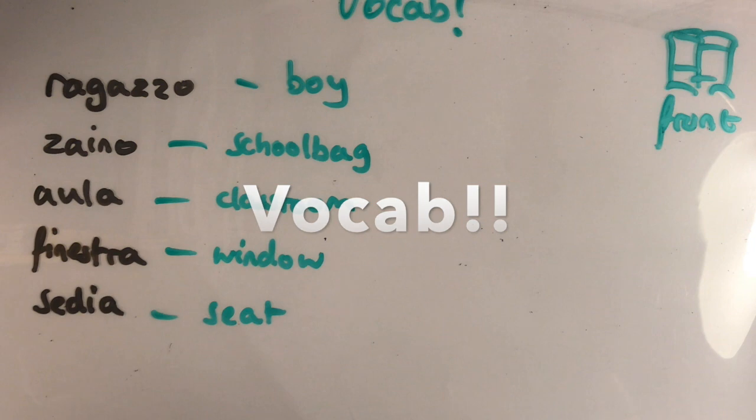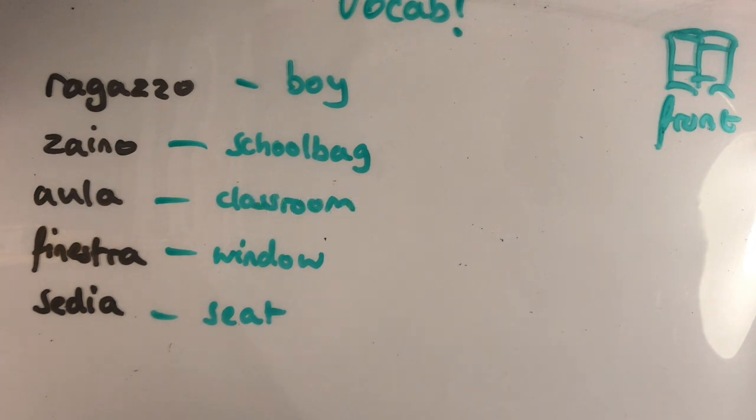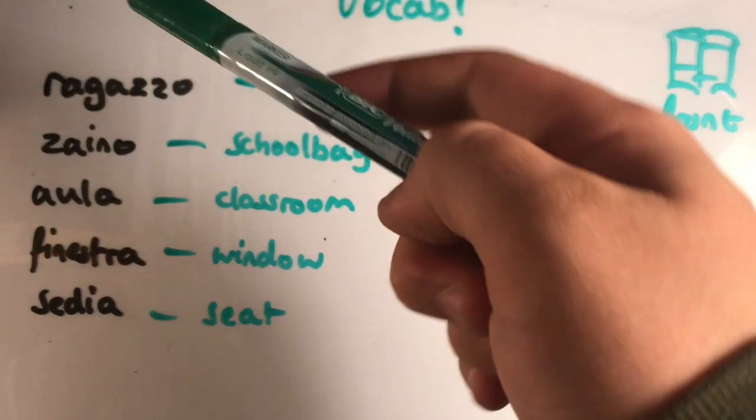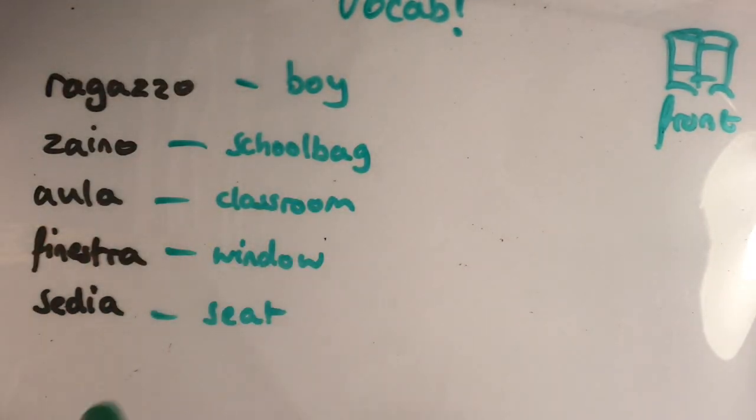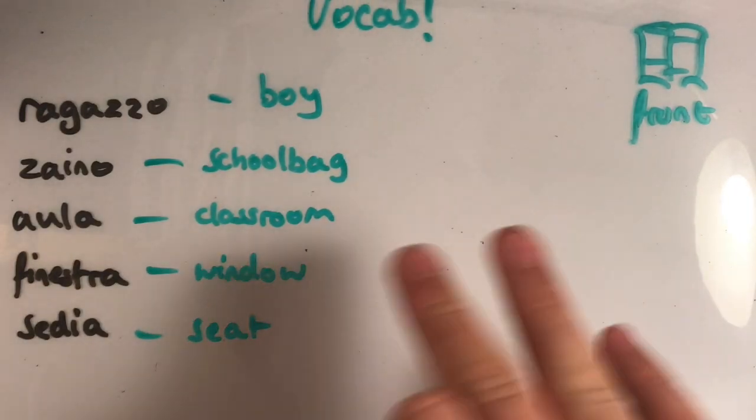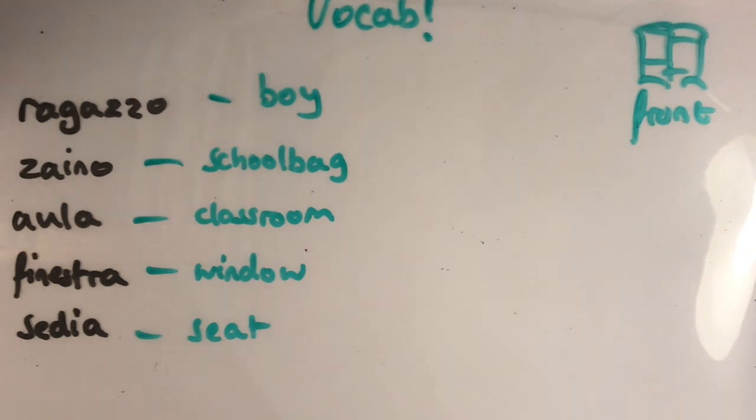Now you see here in English, as we went through gender of nouns, we encountered some new vocab, getting a little bit more complex, but it's vital. We encountered ragazzo, zaino, aula, finestra and sedia. I didn't put any more than that because we've had gender of nouns, it's very complicated, so only a few more complex ones will do.